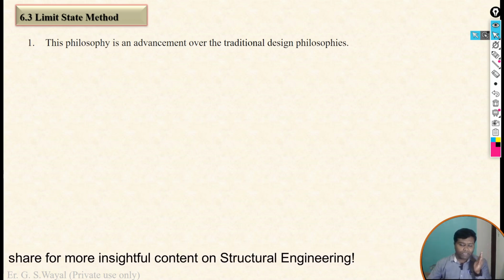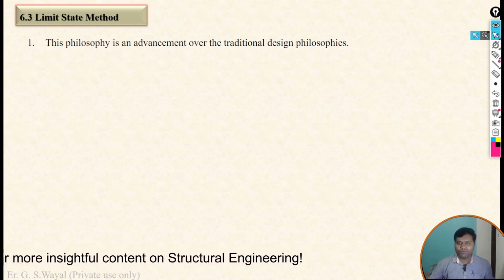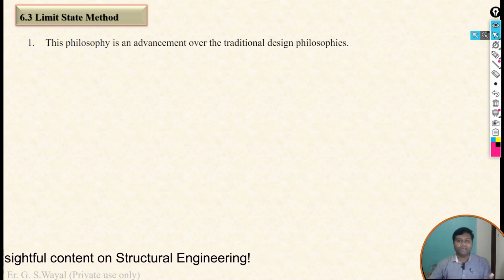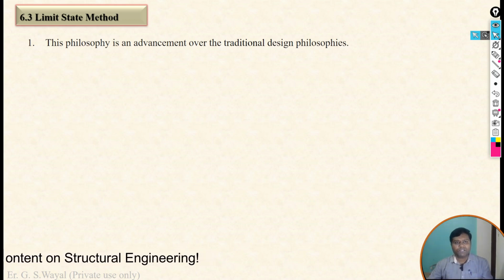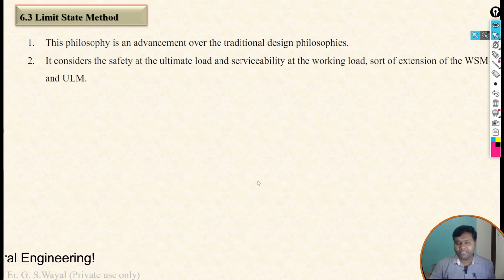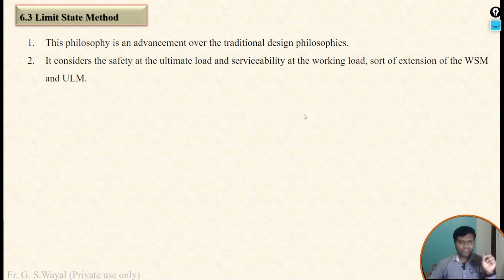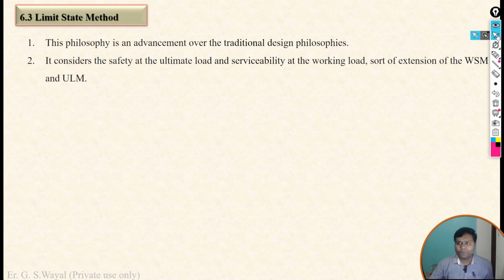Whatever design philosophies we have seen in the last few slides, like the working stress method and the ultimate load method, this is the advancement of them. It considers the safety at the ultimate load and the serviceability at the working load, a sort of extension of the working stress and the ultimate load methods. So from the design point of view, in the limit state method we are considering the ultimate load as well as the serviceability.